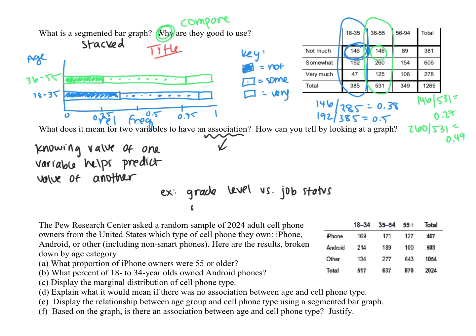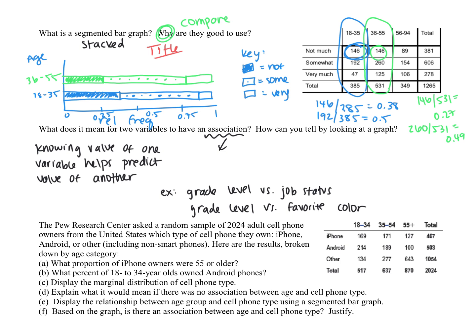Now, instead, if I look at grade level and favorite color, this time I tell you I have a student who's a sophomore, what is the likelihood that their favorite color is yellow? Does the fact that they're a sophomore have anything to do with their favorite color?